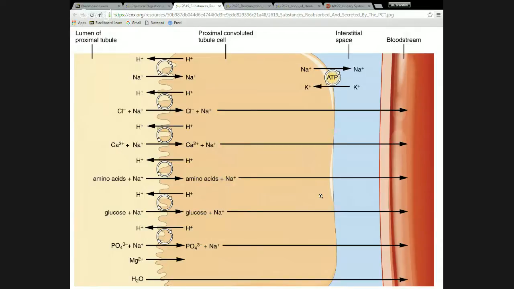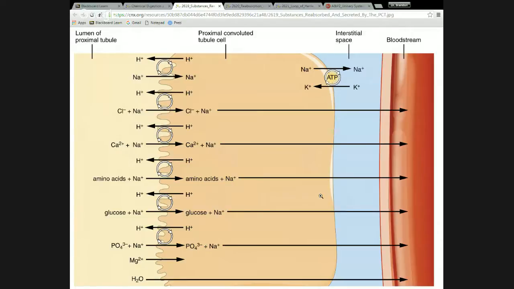Here where we say glucose, that's just the most prevalent of the monosaccharides, but galactose could potentially be there also. But probably more likely the galactose has been converted to glucose somewhere since it was absorbed in the digestive tract. But this is the exact same mechanism.